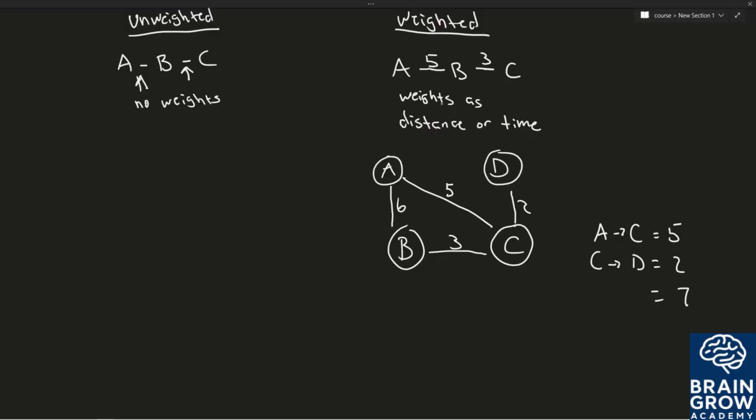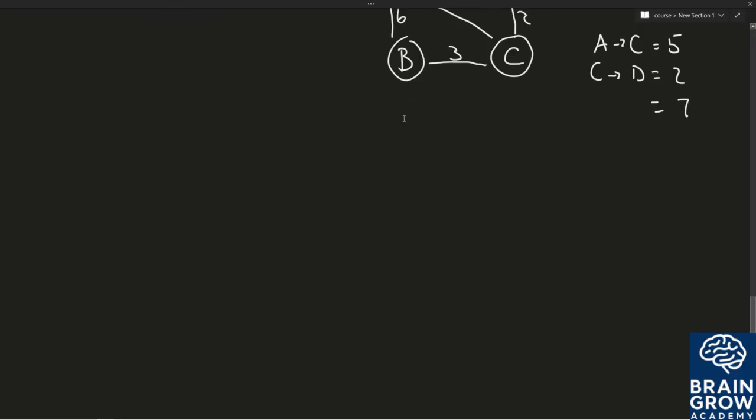So the last thing that we can do is how we can represent a graph data structure. And what I'm going to do is use an adjacency matrix to represent our nodes and our edges.